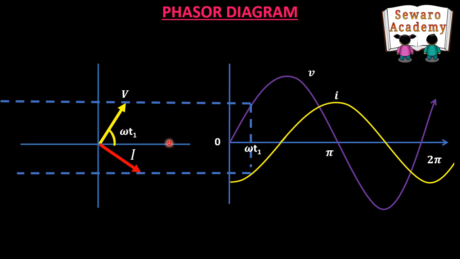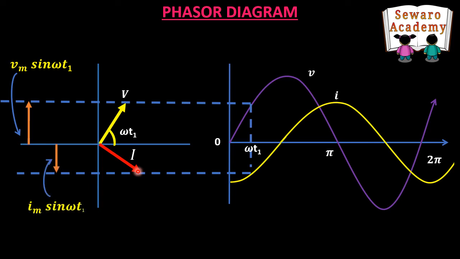Now here also, the vertical component of this phasor V will give the sinusoidally varying quantity V equals Vm sin omega t1, and similarly the vertical component of the current phasor will give the sinusoidally varying current I equals Im sin omega t1.